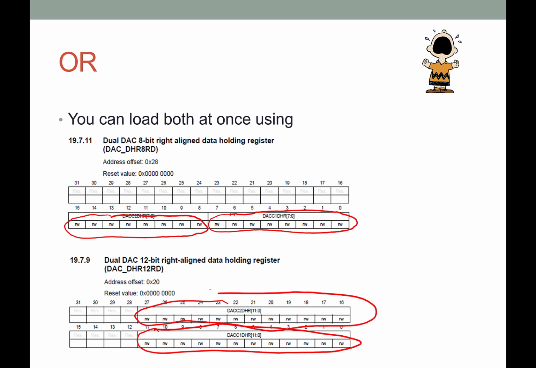And again, we already pointed out, it doesn't really matter which way you do it, but 12 bits in each will require the data holding register to use all of the 32 bits. One of the things that I think is sort of confusing here is that you can call things by different variables, DAC_DHR8RD and DAC_DHR12RD.